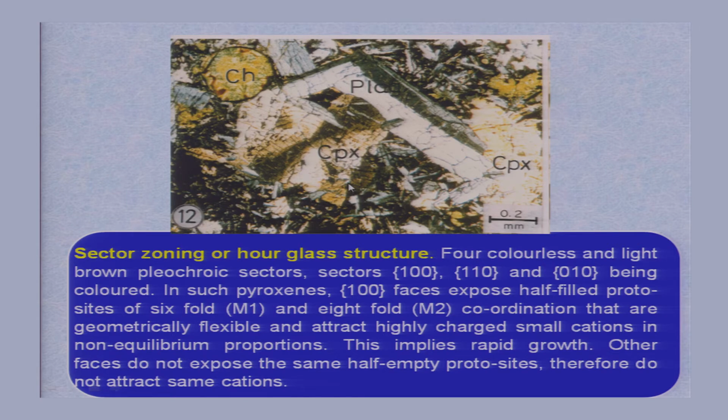Other faces do not expose the same half-empty protosites and therefore do not attract the same cations. This is the reason why this kind of hourglass structure is formed. It tells us about the conditions at the time of cooling of the lava flow.